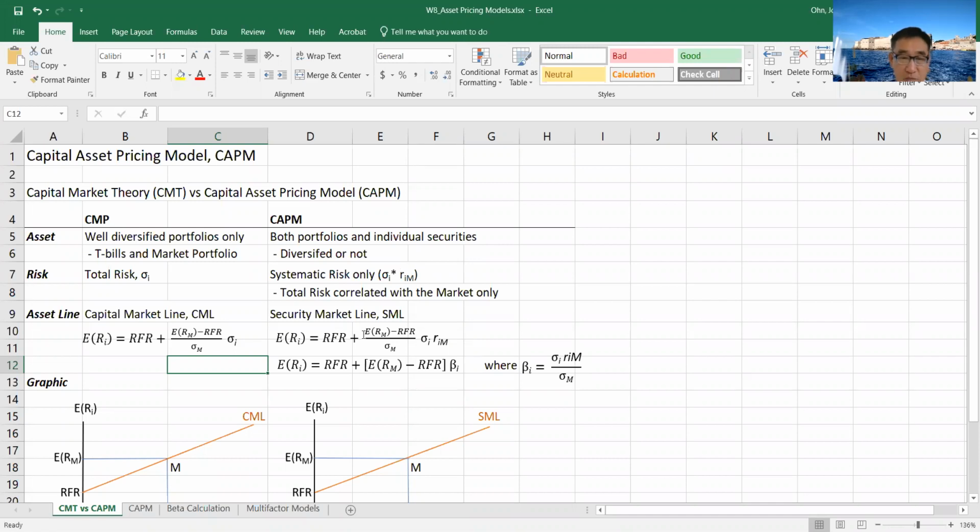So we just replace sigma, the total risk, with the systematic risk, which is sigma times rho_iM. That's it.